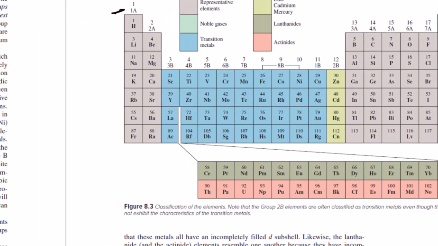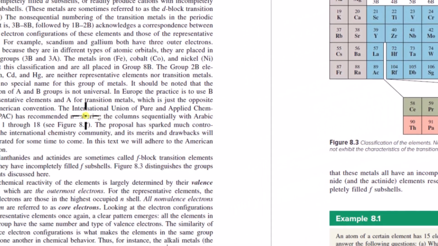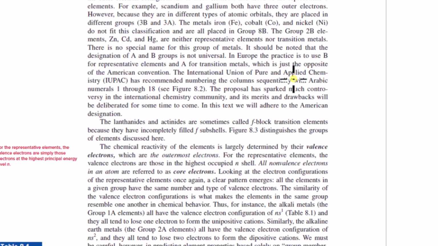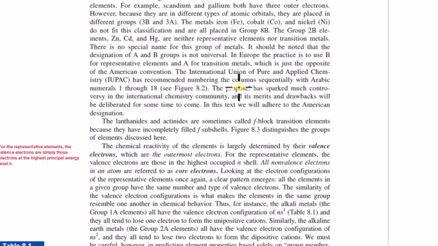And the top row, 1 to 18, is based on, so the International Union of Pure and Applied Chemistry has recommended numbering the columns sequentially with just the numbers. The proposal has sparked much controversy in the international chemistry community, and its merits and drawbacks will be deliberated for some time to come. In this text, we will adhere to the American designation.